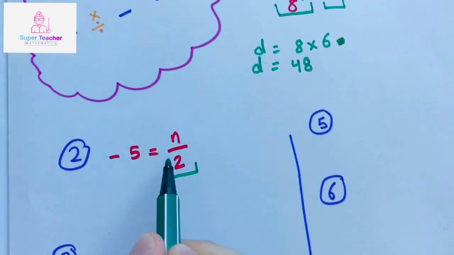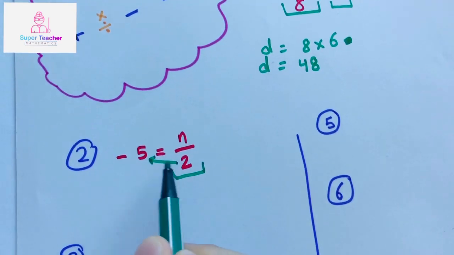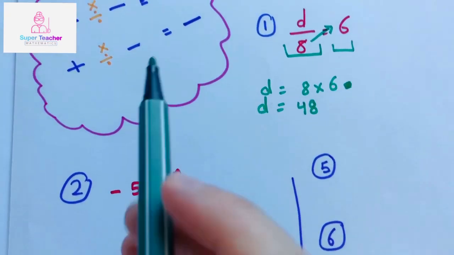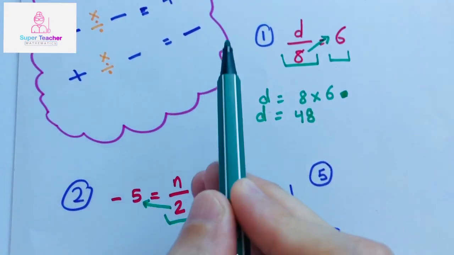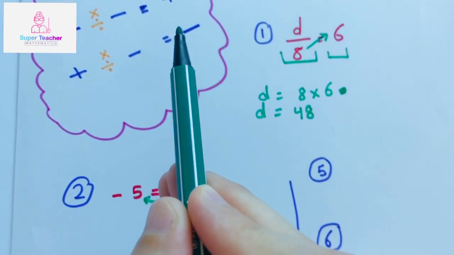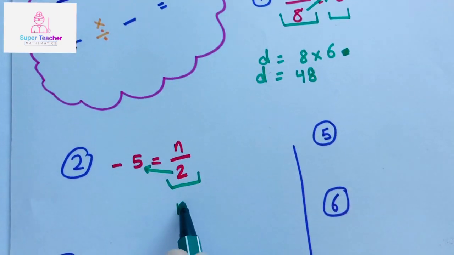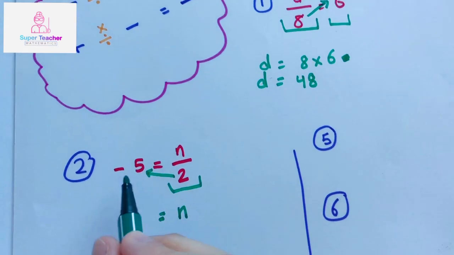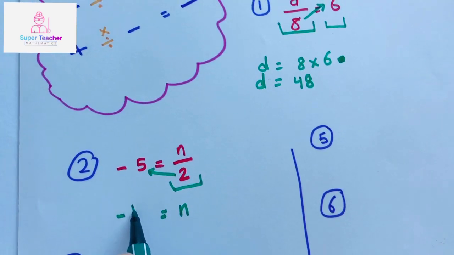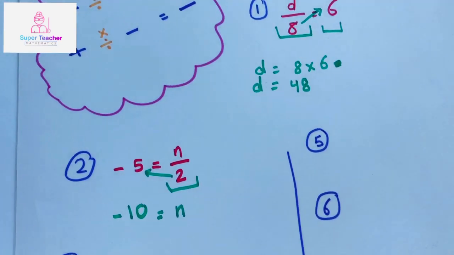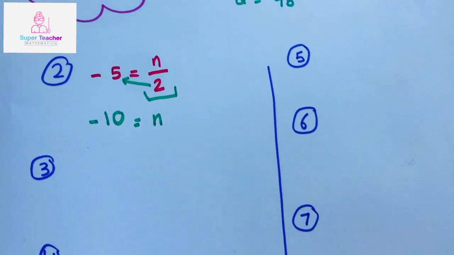Multiply. Yes, I'm going to multiply 2 by negative 5. Now let's go back here. Positive times negative, what do we do? We multiply or divide and then we put negative. So n, keep the n at the same place. N equals 2 times negative 5 will be negative 10.